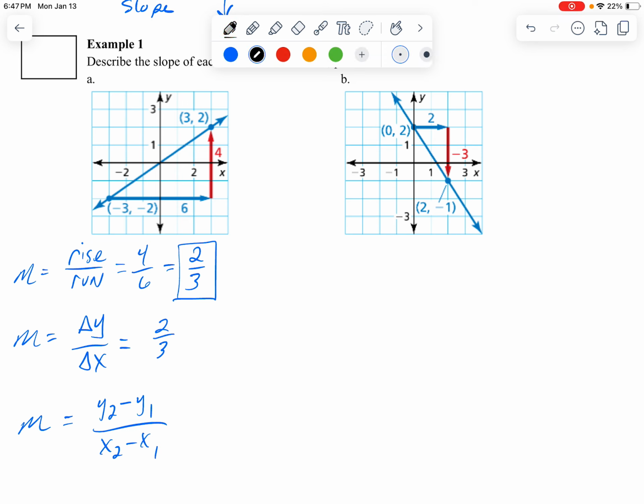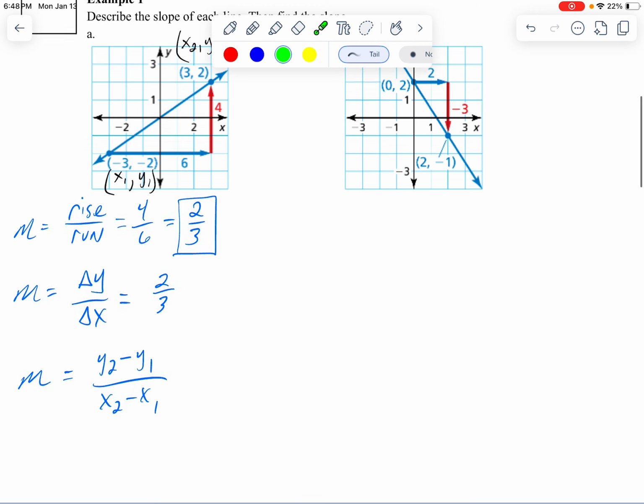If we're going to do that, we need to label our points. This is x1, y1. And this will be x2 comma y2. The reason we do this is I've got 2 different points. So this is point number 1. It has an x and a y. This is point number 2. It has an x and it has a y. So this is just a way for us to differentiate those different coordinates.